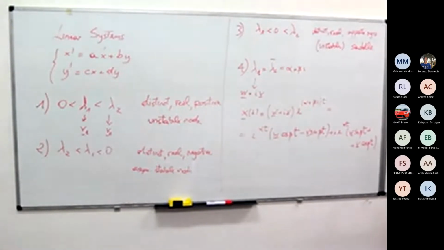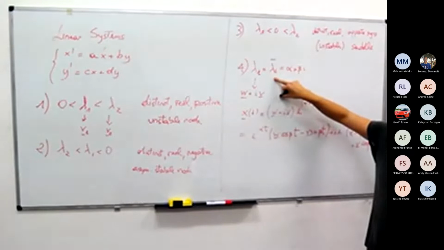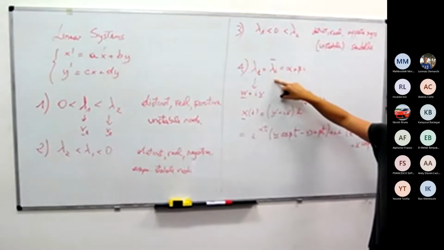Now, you should remember that in a complex solution, the real and imaginary parts, so this part here and this part here, apart from the i, are two linearly independent solutions. Actually, I can find exactly the same linearly independent solutions if I use lambda 2 and the corresponding eigenvector.